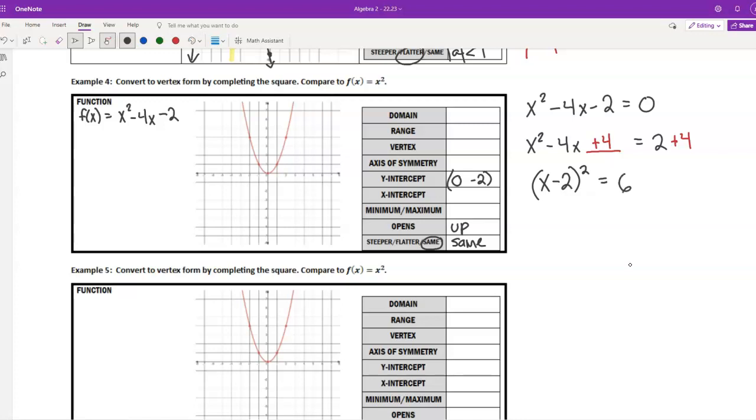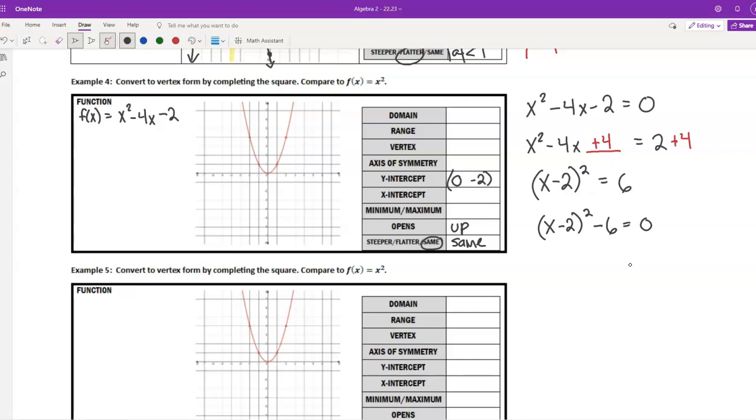So now this is where I would go if I wanted to find the steps and solve from there. But that's not what I want right now. What I want to do is turn this back into just a function. So all I'm going to do is bring this 6 back over to this side, so I'm going to minus 6. And now it's back to being set equal to 0.